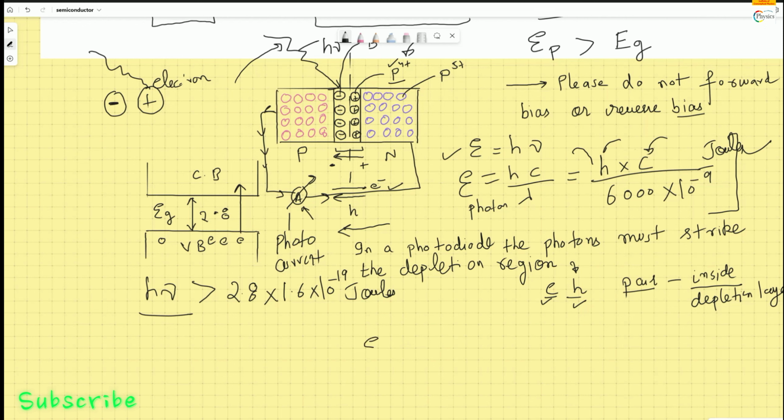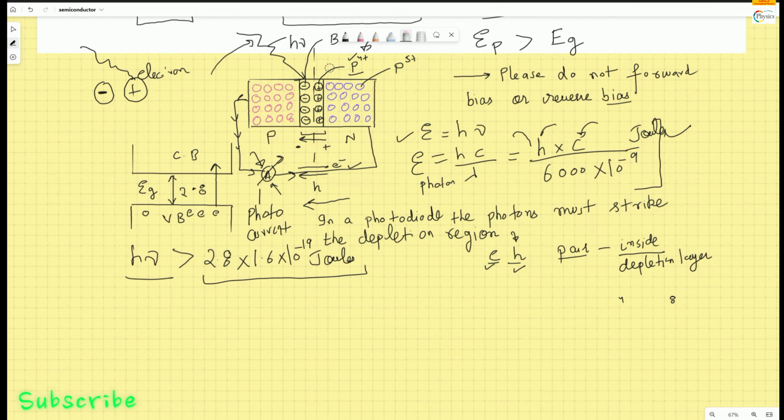E is equal to h into c by 6,000 into 10 raised to power minus 9 joules, right? And then we will compare it to this value and find whether you will be able to detect any current here. So this will decide the fate of our answer.